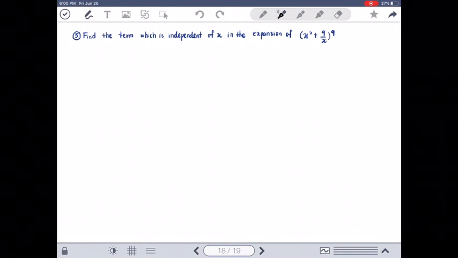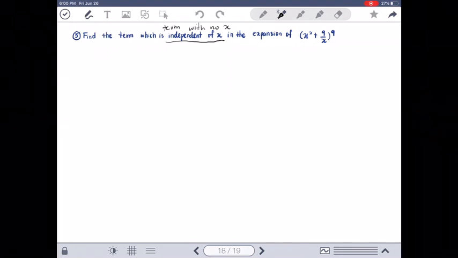Okay, the next question would be find the term which is independent of x in the expansion of x squared plus 9 over x to the power of 9. So what does it mean by term independent of x, which means that term with no x.